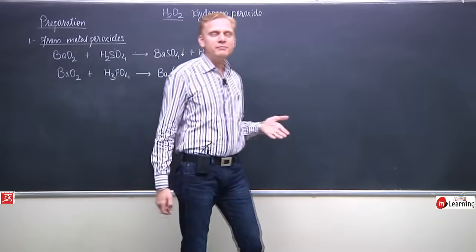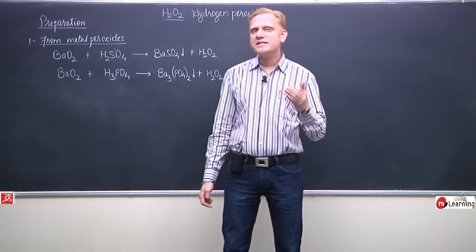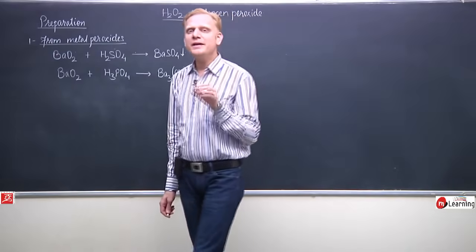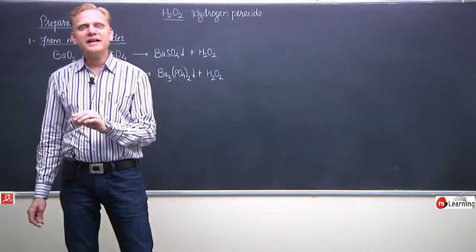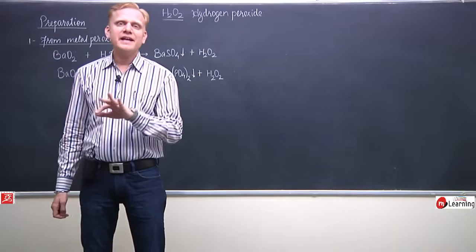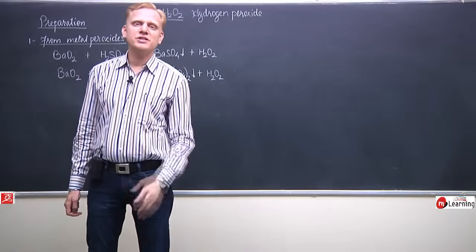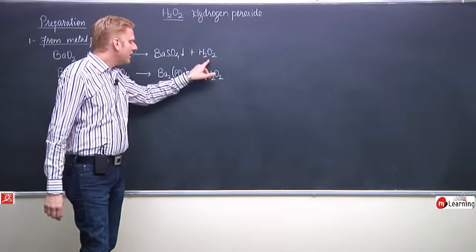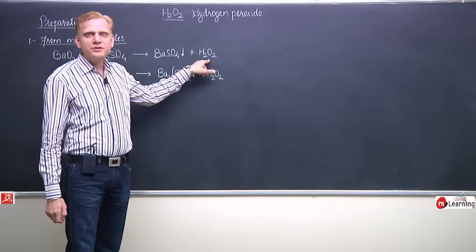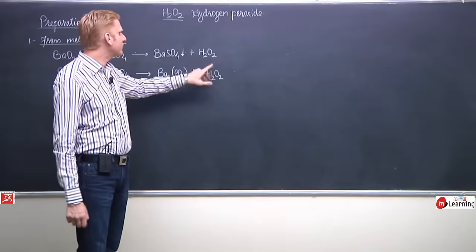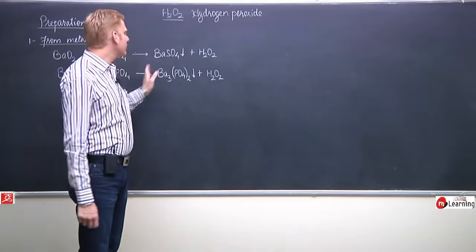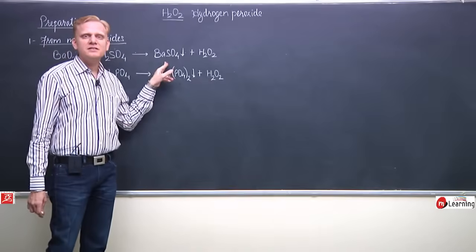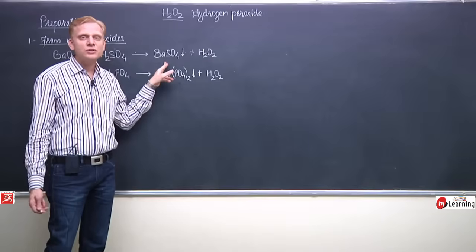Now what is the problem if we are not able to completely separate out the barium salt? The presence of barium ions along with hydrogen peroxide catalyzes its decomposition. So to prevent the decomposition of hydrogen peroxide, we should separate out the entire barium ions present in the solution.